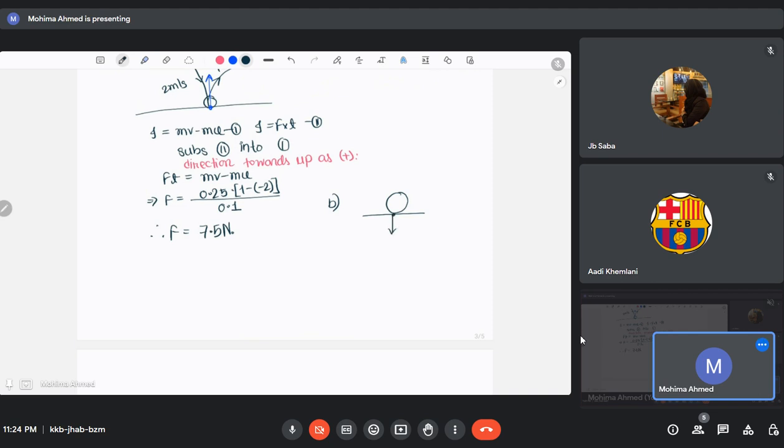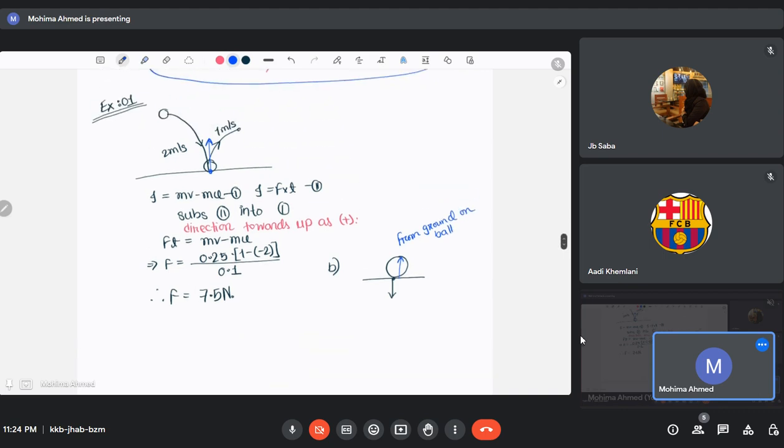Obviously, they are acting along one single line, but we are drawing different spaces so that I can explain from what point they're actually working on which object. So the blue one is from the ground on the ball. And this black one is from ball on ground.